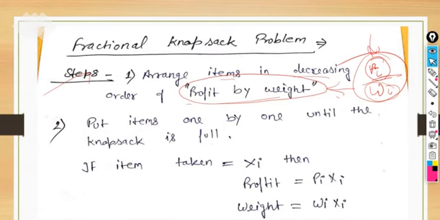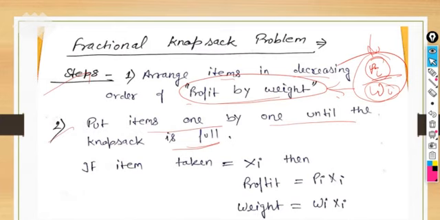Then we will select the items to insert into the knapsack. The second thing we have to do is put items in one by one until the knapsack is full, until it reaches the maximum capacity of the knapsack.